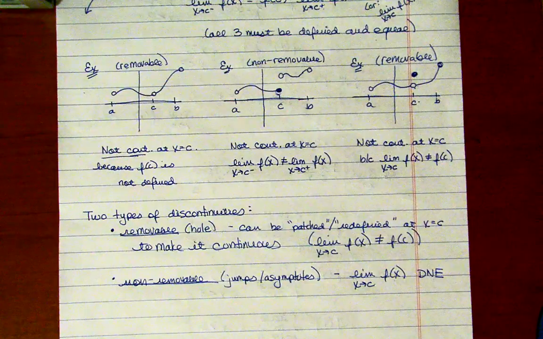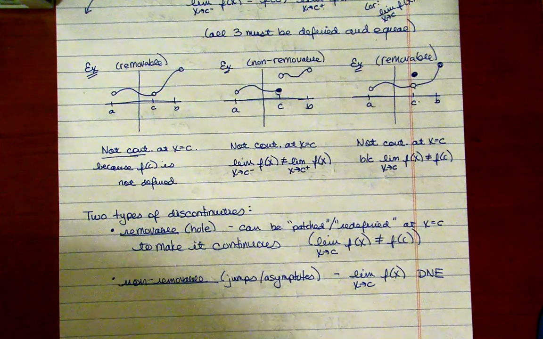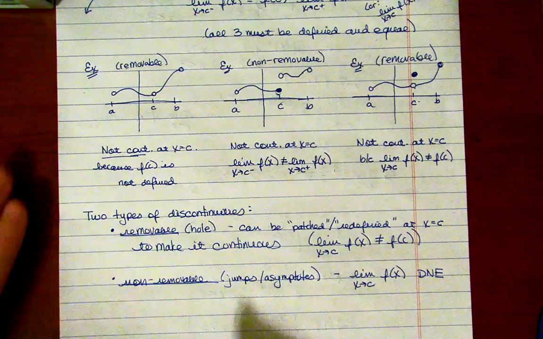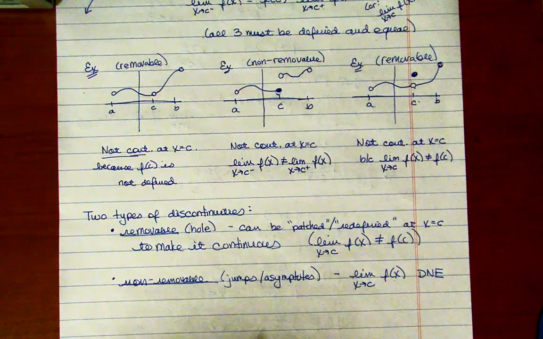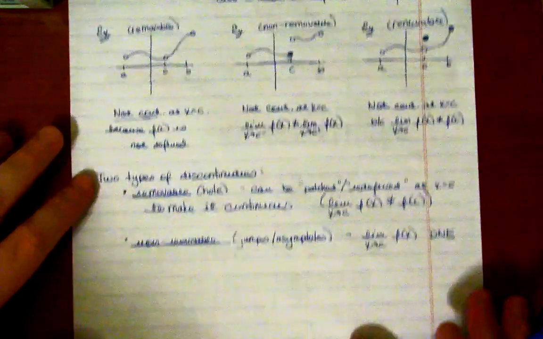In the next two videos, we're going to talk about how to find particular discontinuities. Actually, why don't I do one more thing? So these are the two different types of discontinuities. There are two places we're going to be looking for these discontinuities.